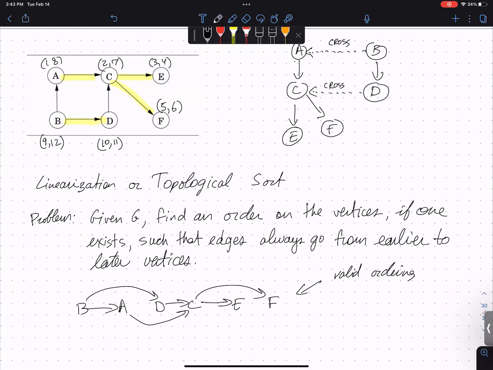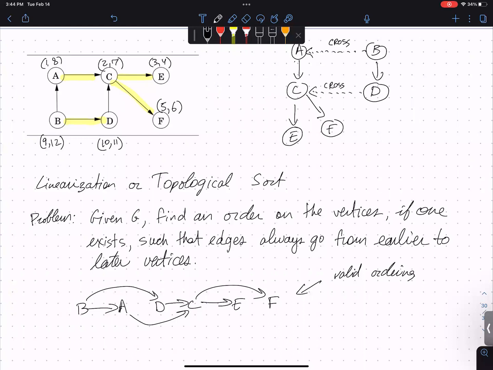Okay, so why is this problem important? It goes back to the same motivations as examples we saw before. For example, for the prerequisite chain of classes, what does a linearization correspond to in real life? It's an order for you to take the classes.